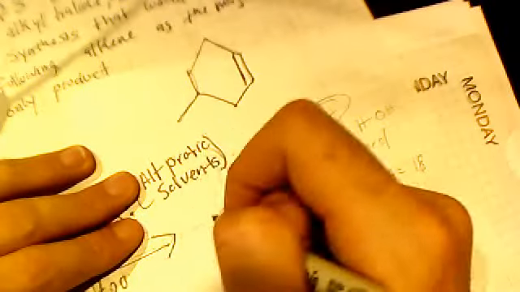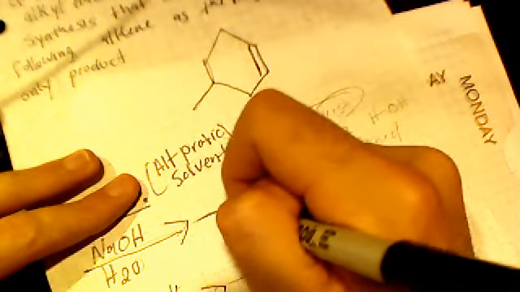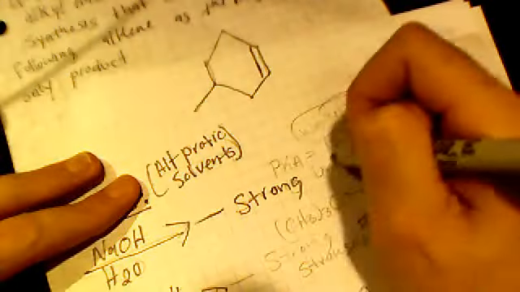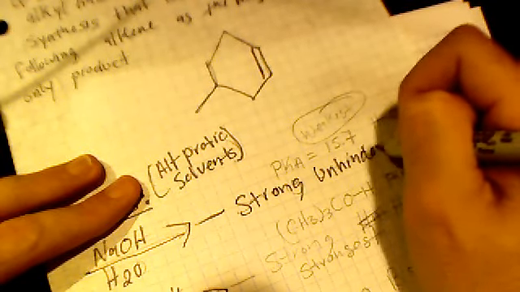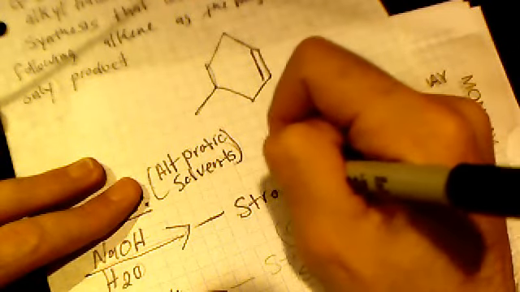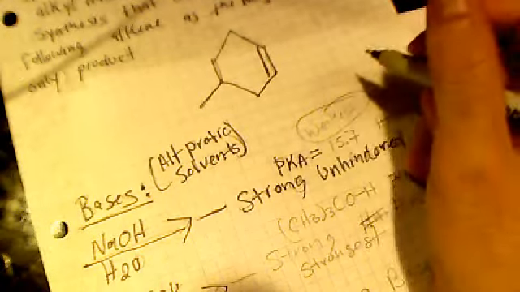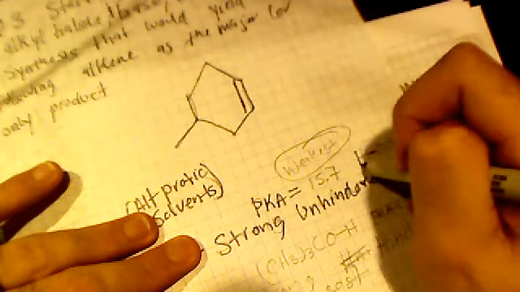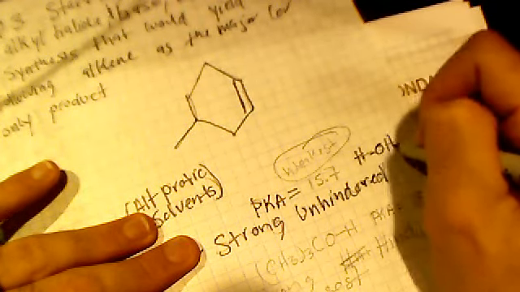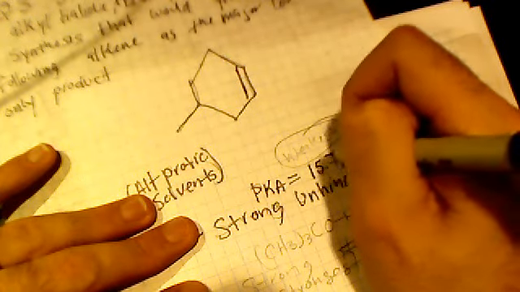So a few things that we should know about this. NaOH is a strong, unhindered base. The pKa of its hydrogen, the hydrogen that would be attached to the hydroxyl group, is 15.7.